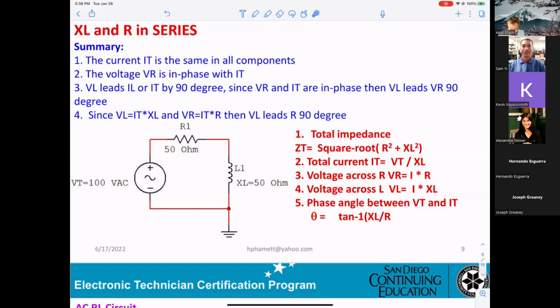That means Z total. The voltage across the resistor is I times R, and the voltage across L is I times XL. The phase angle between total voltage and total current is tan inverse of XL over R.